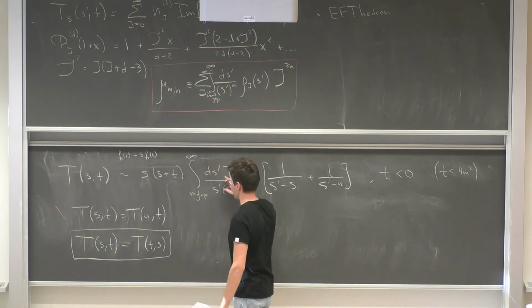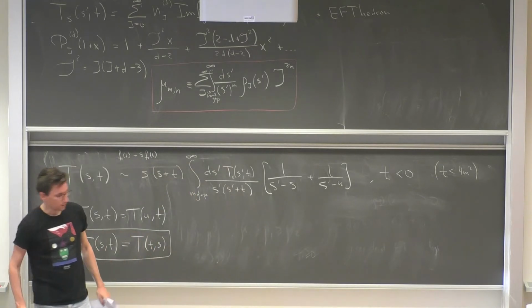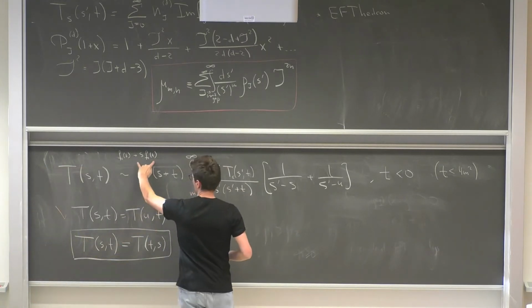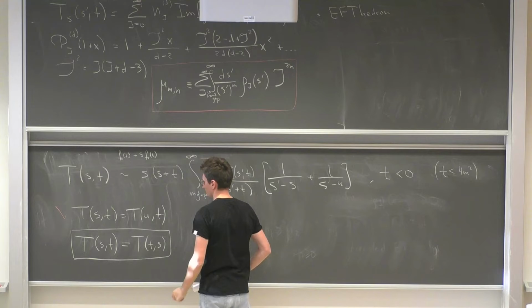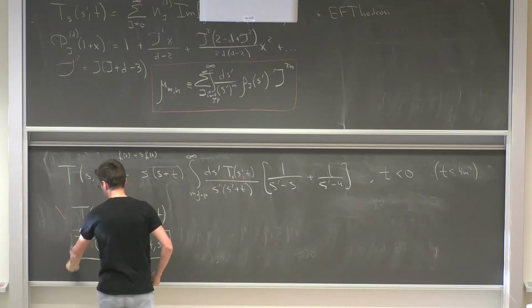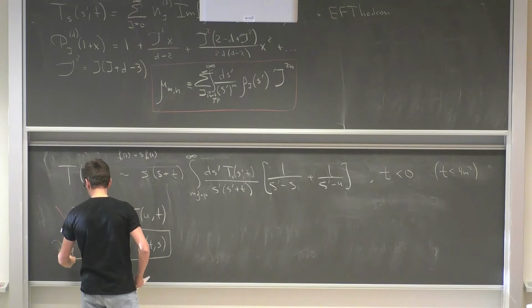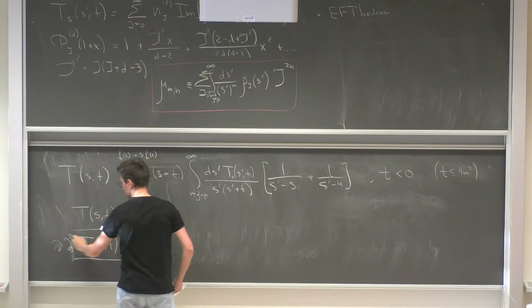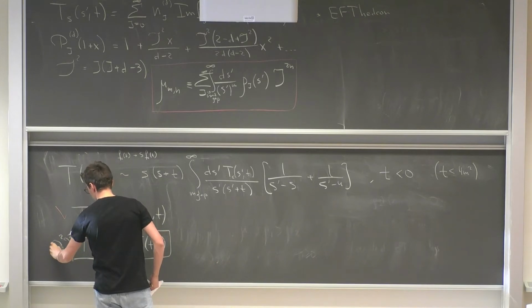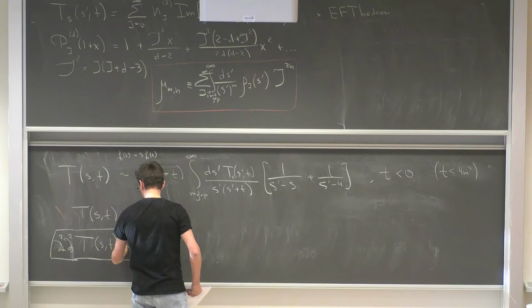These are not expressed in terms of the discontinuity, so I can swap them and they will still be here, but the way to get rid of them is by taking, for example, the second derivative with respect to s, and then the derivative with respect to t. So this is now a crossing symmetric relation.